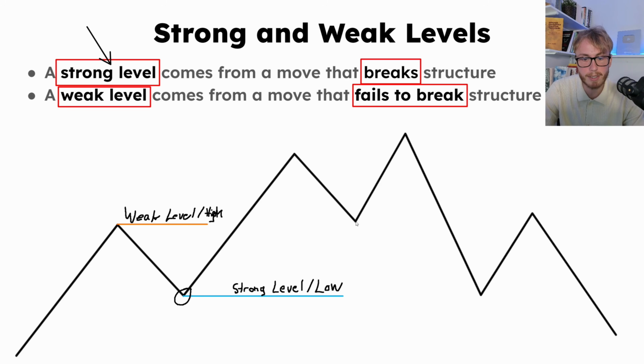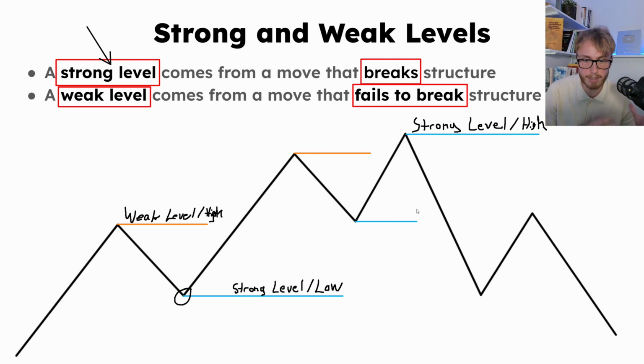And for the same reason, this right here is yet another strong level or strong low because this move broke the previous high. And here we have another weak level because in order for this level to be strong, this move needs to push below this low right here. But what about this move then? Well, this right here is actually a strong level or a strong high.